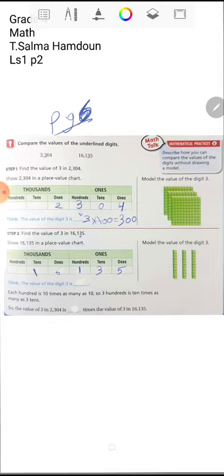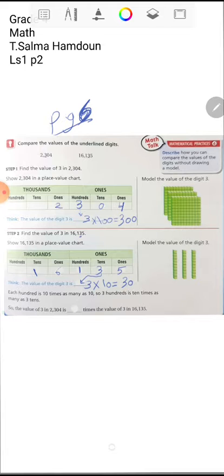Now let's see number 3. I want to find the value of the digit here. The digit here is in the tens. To find the value of the number in the tens digit, I told you that you have to multiply the number by 10. If you multiply 3 by 10, the answer will be 30. You have to multiply 3 by 1 and put the 0 next to the number. Now compare the values.